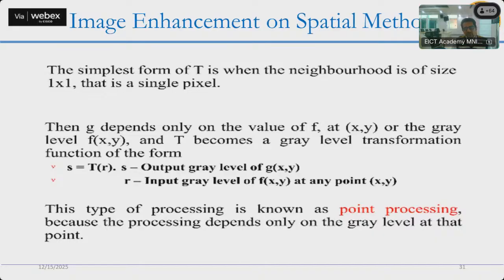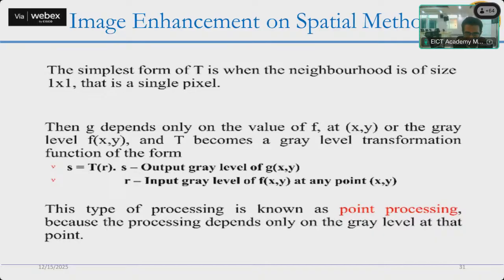Transformed in what sense? Your value has changed by the function. As we already discussed, capital T depends upon the specific application. For example, x becomes 2x, x becomes x squared. These are examples.